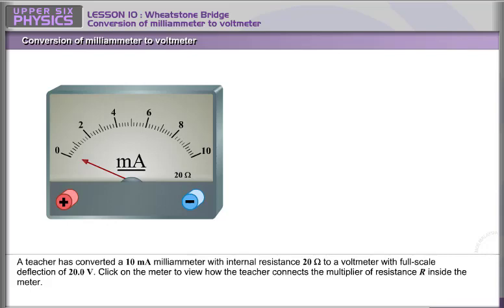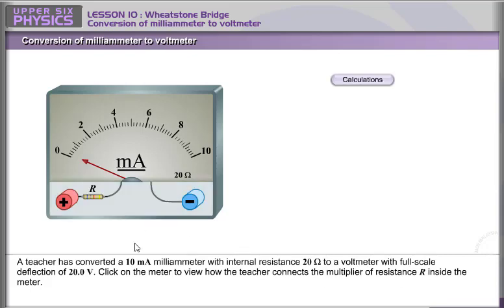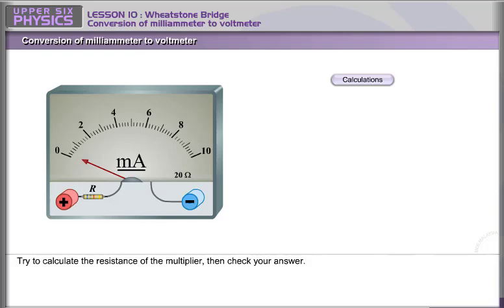Click on the meter to view how the teacher connects the multiplier of resistance R inside the meter. Try to calculate the resistance of the multiplier, then check your answer.